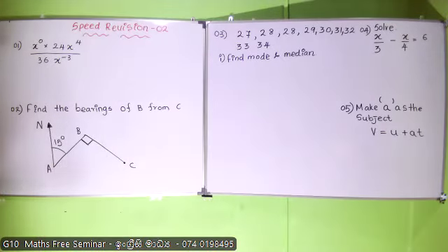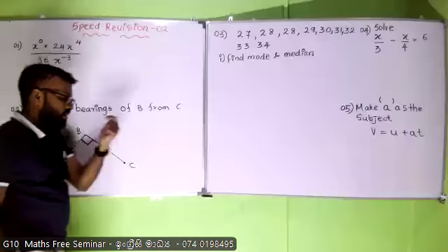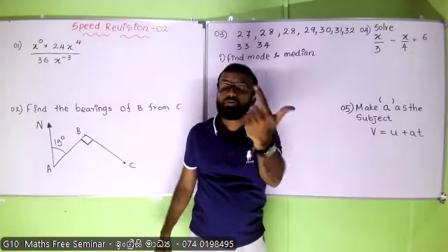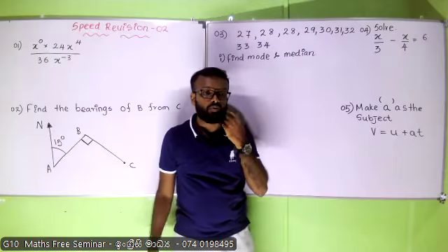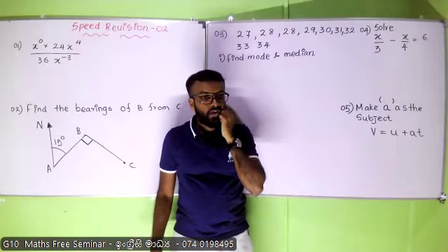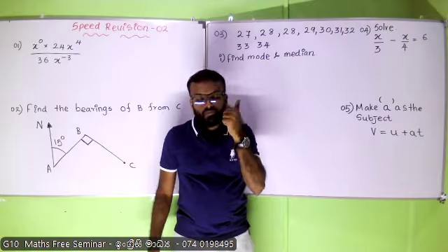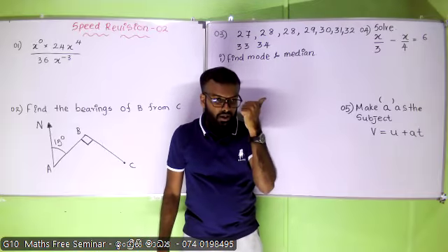So, x to the power 0 multiplied by 24 x to the power 4 divided by 36 x to the power minus 3. Can anyone tell me what is the answer for x to the power 0? Anything to the power 0, what would be the value? 1. Excellent.